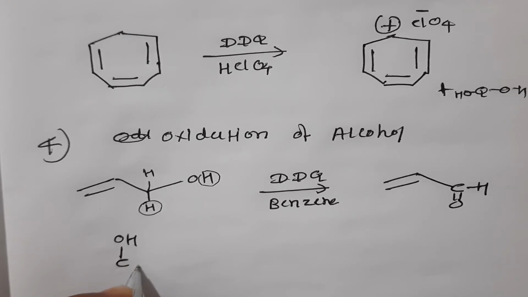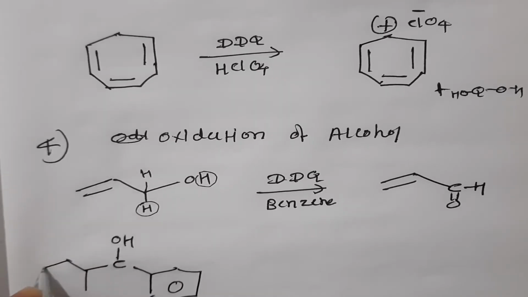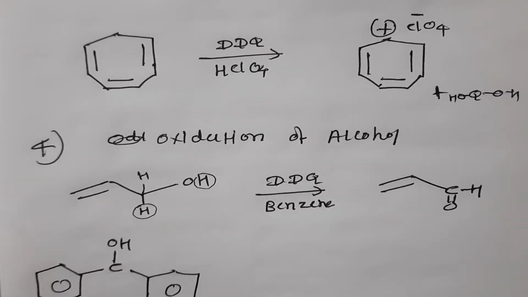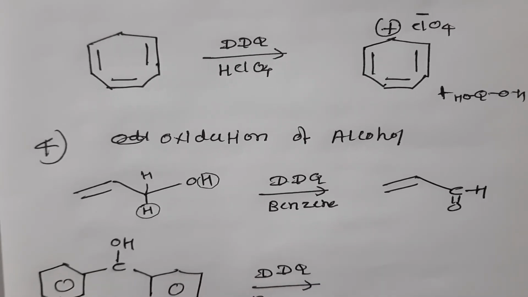You can take here a 2-phenyl ring. If it is oxidized with DDQ, benzene as a solvent, what do we get?